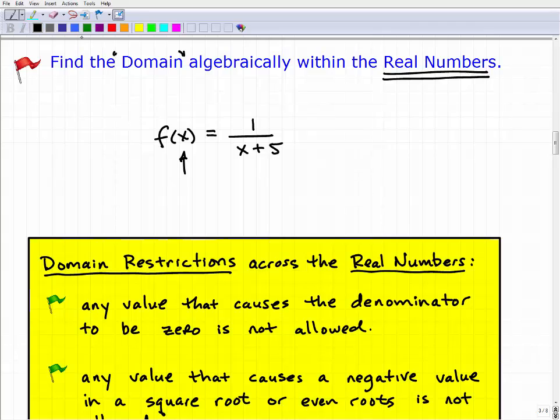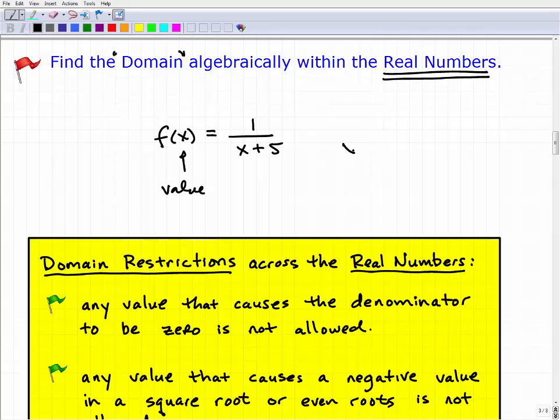Okay, so knowing that, let's take a look at this problem here. Do we have any square roots? No, so our second condition is not going to be an issue. But is there some input value, a potential element of the domain, that could cause the denominator here to be 0?